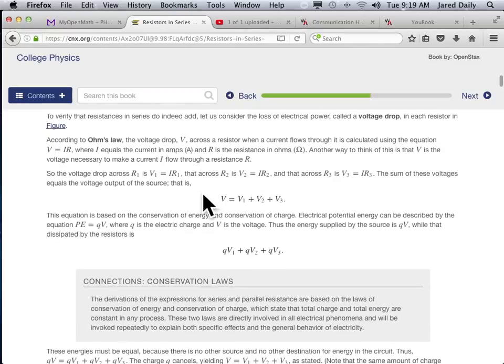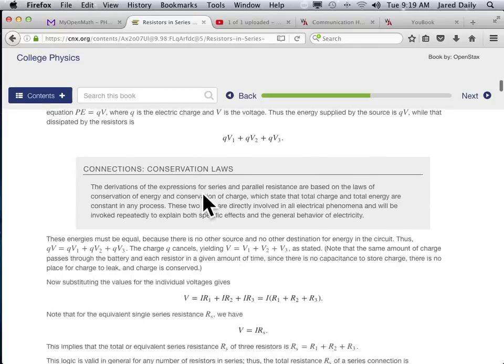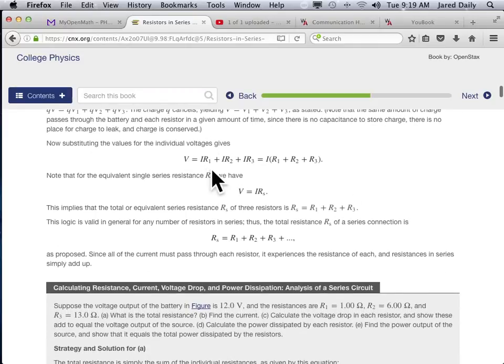And when we do that, we can say that the current times the sum of the resistances is going to be the total current times the total resistance, because now we've essentially shown this algebraically. So what that means is that R1 plus R2 plus R3 is equal to the total resistance in series.